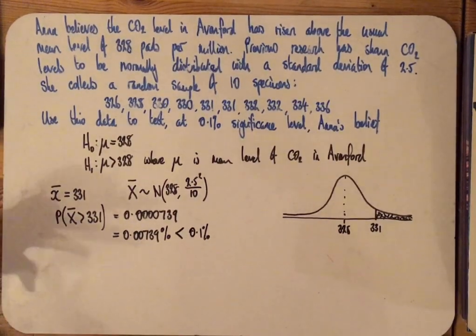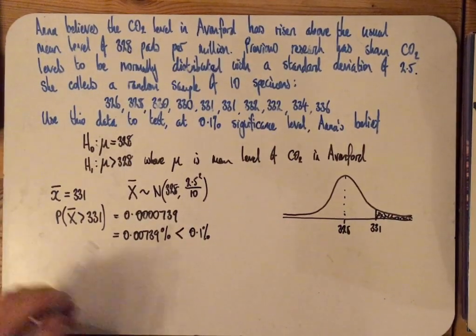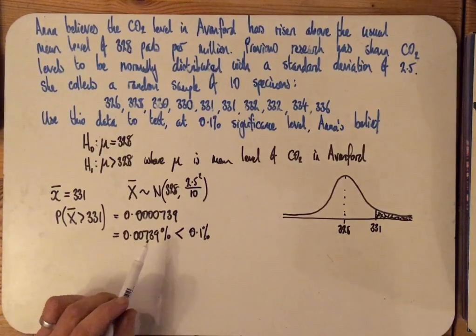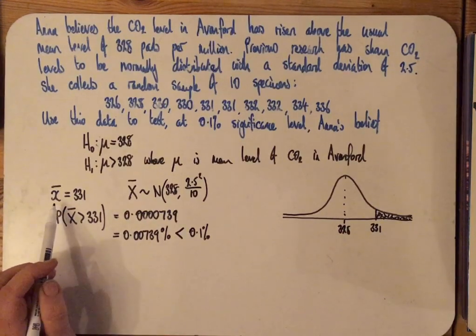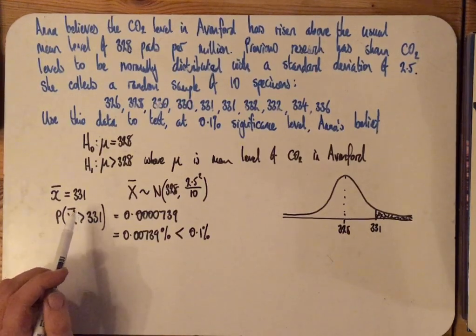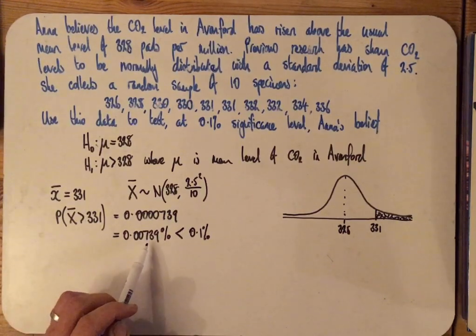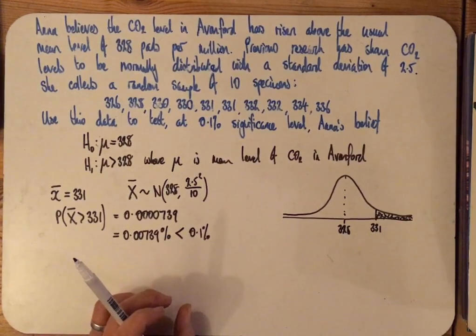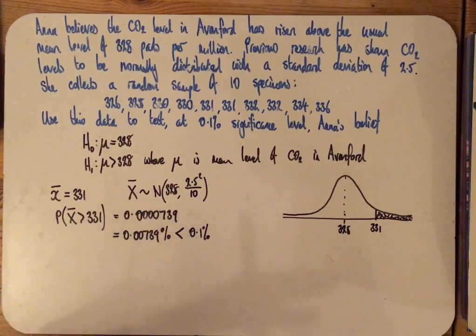So you're basically saying if the mean was 328, I have a 0.00739% chance of getting a sample mean of 331, which is incredibly small. And the key thing is that it's smaller than the significance level. It's less likely to happen than the significance level. So we're just basically saying actually that's just too unlikely to happen by chance.